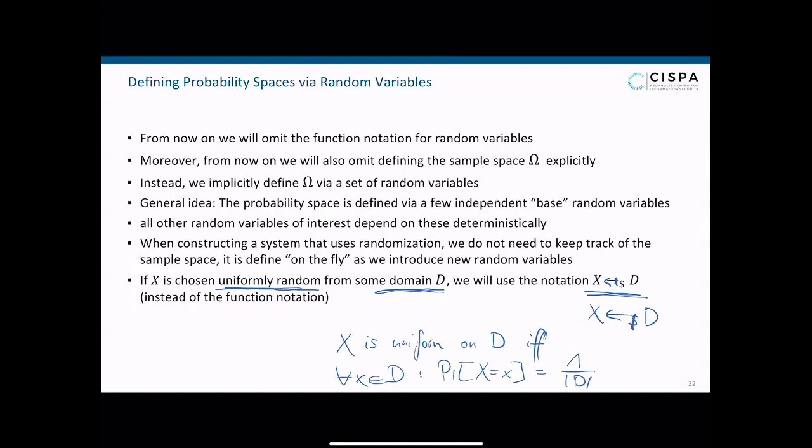That's what it means to be uniformly random. I introduced this already in the last lecture, but here, let's do it fully explicit again.